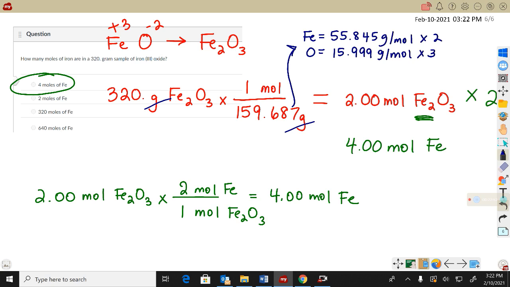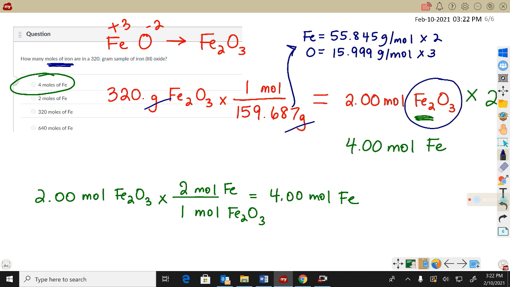But the question says, oh dang, how many moles of iron? Well, what I just calculated was moles of this whole thing. It would be moles of iron oxide molecules. Oh, well, they want me to break it down by just moles of iron.